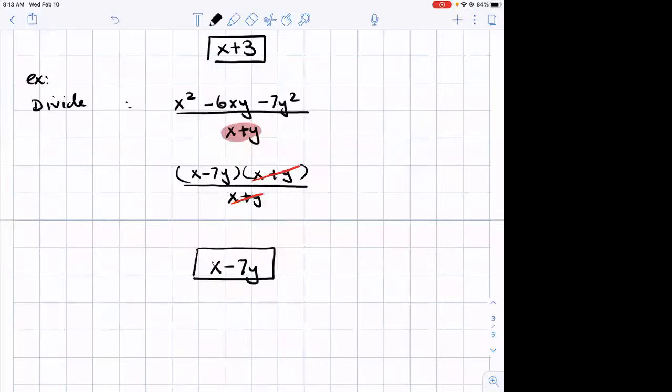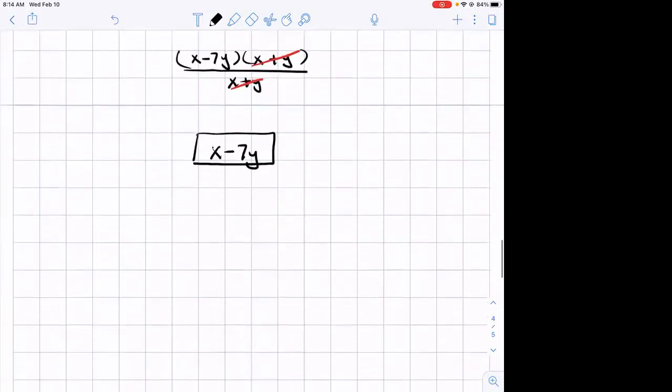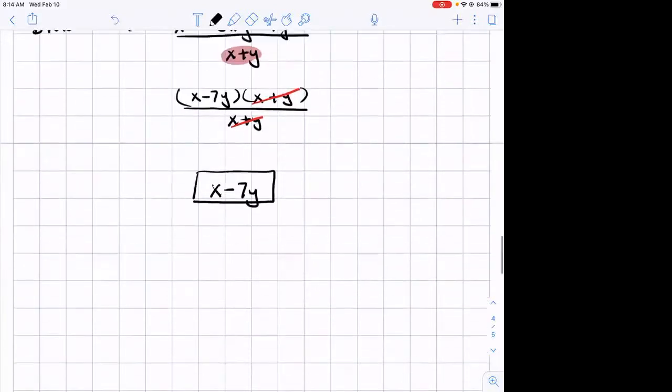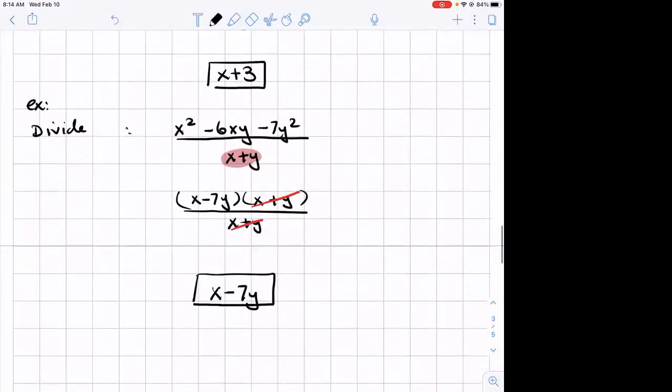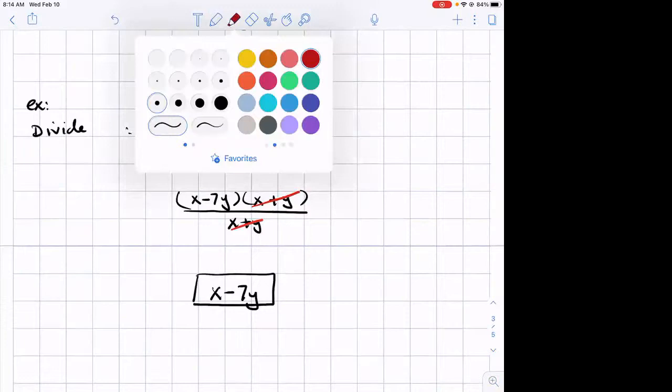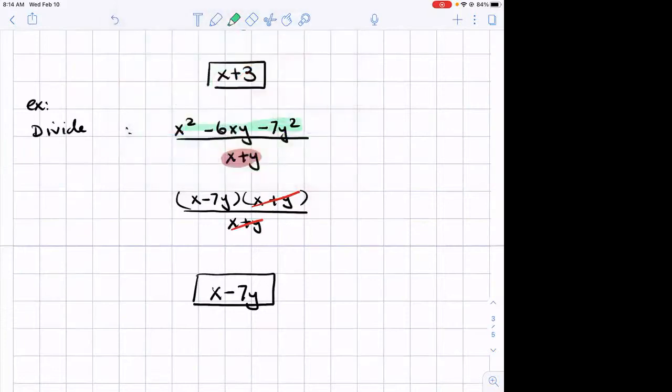And once again, you were able to factor the numerator. Now, what happens when we cannot factor the top? I shouldn't say that. What happens when you don't see that it can be factored? Because probably when you looked at this example here, you probably didn't know that this can be factored by looking at it.